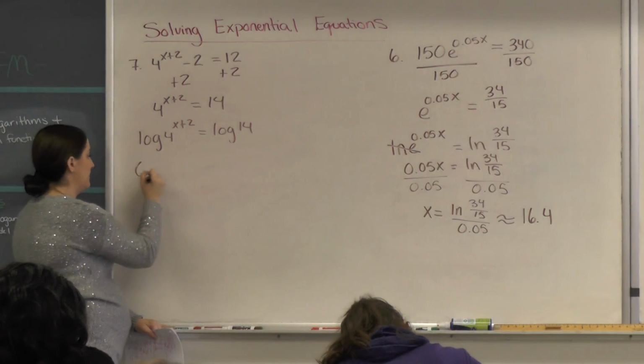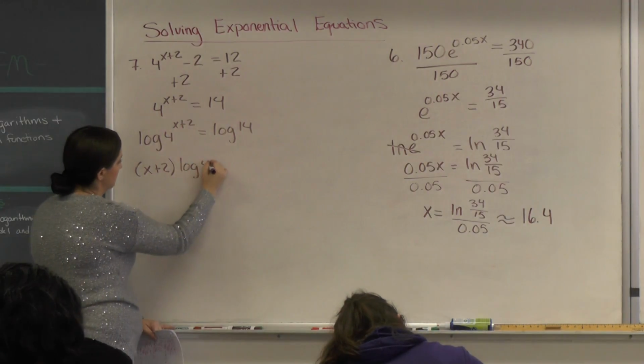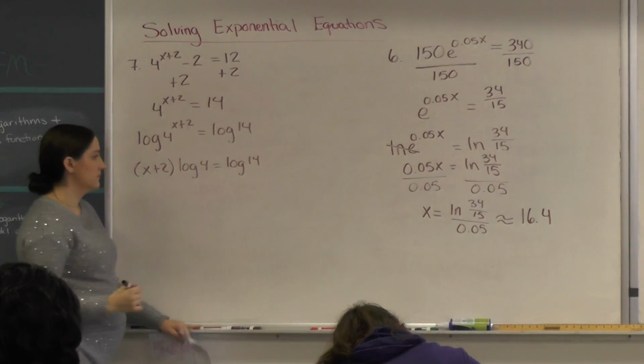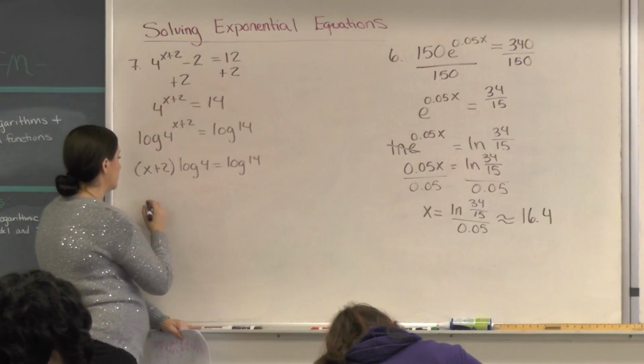Exponent comes out front. Divide by log 4.